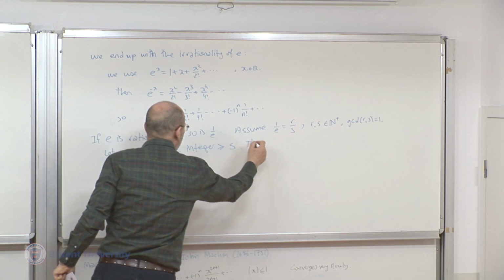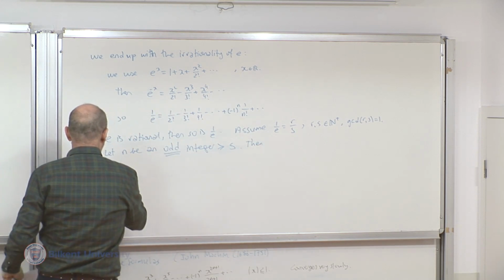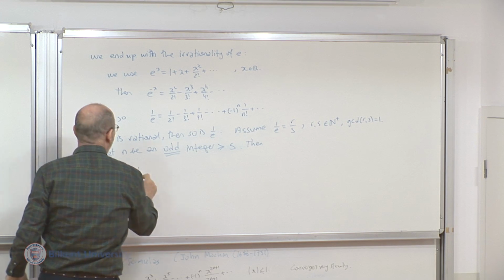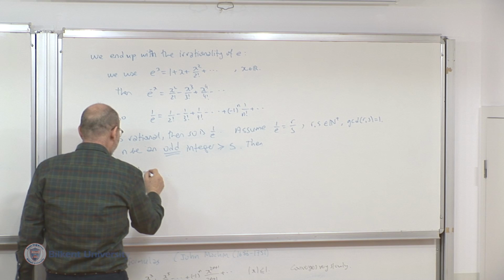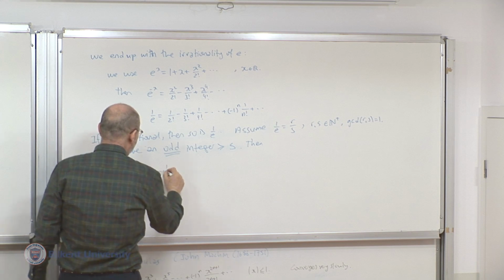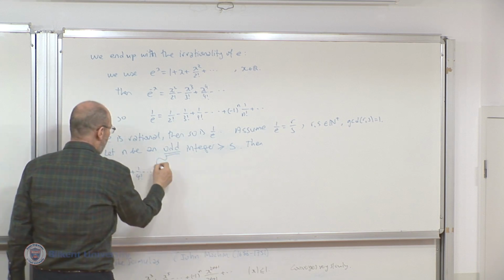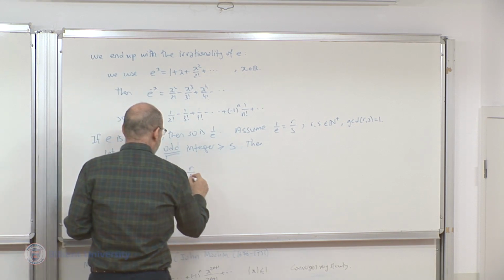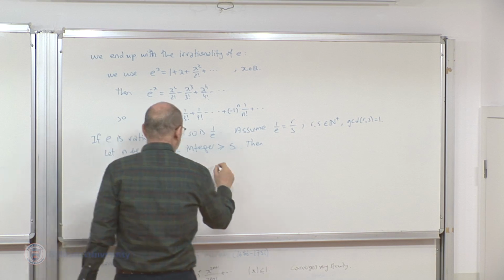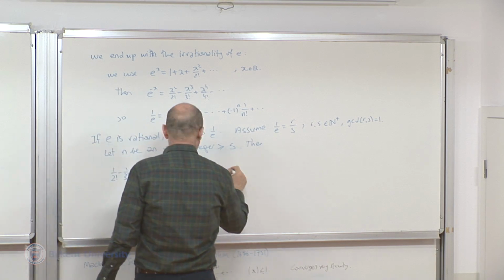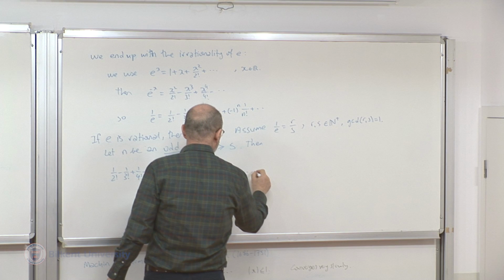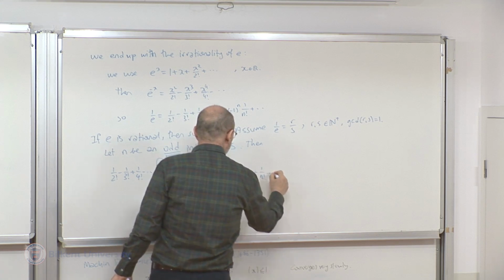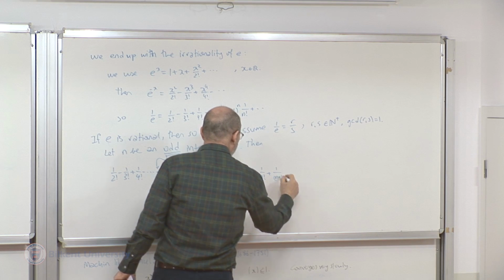Okay, so then I have this 1 over 2 factorial minus 1 over 3 factorial plus 1 over 4 factorial minus, and then the last thing is minus 1 over n factorial. So n is odd, therefore this is minus. This is less than r over s, and this is less than 1 over 2 factorial minus 1 over 3 factorial plus etc., minus 1 over n factorial plus 1 over n plus 1 factorial.